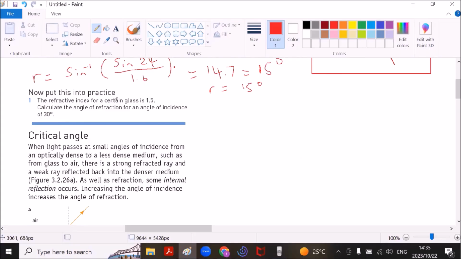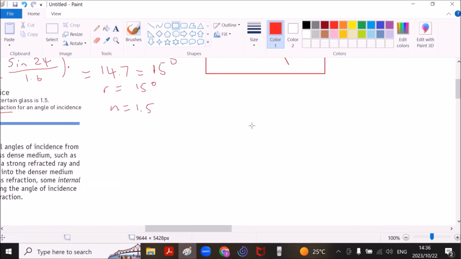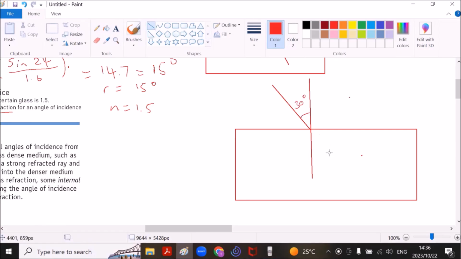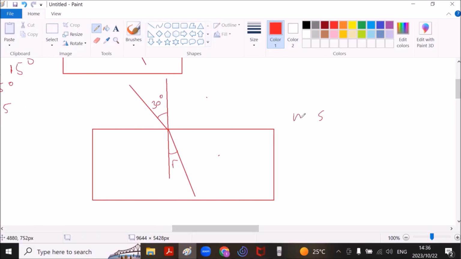The refractive index of a certain glass is 1.5. n is 1.5. Calculate the angle of refraction for an angle of incidence of 30 degrees. Again, using the same principle, we have our angle of incidence, which is measured from the normal as 30 degrees. So we expect a refraction of less than 30. We know that n is equal to sine i over sine r.